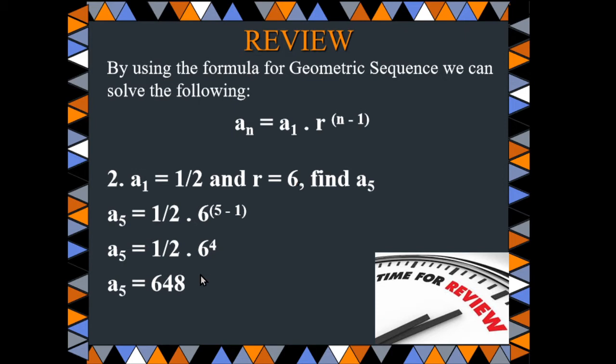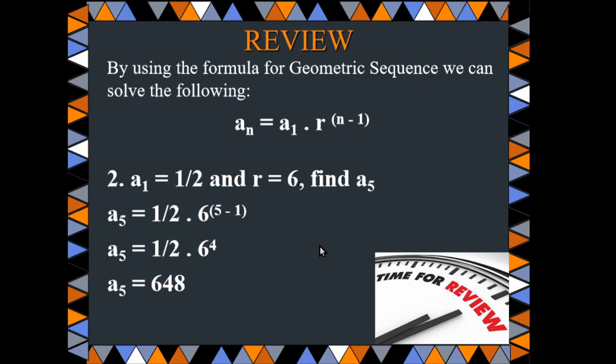Simplifying, we have 1 half times 6 raised to 4, and our final answer is a sub 5 is equal to 648. And that's all for the review on finding the nth term of a given geometric sequence.